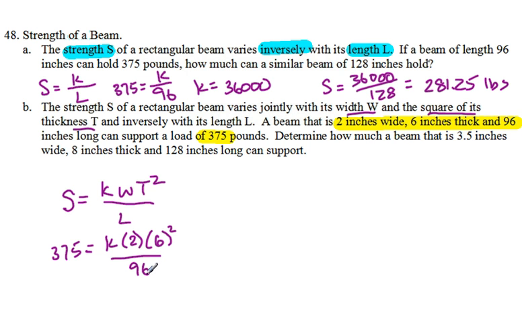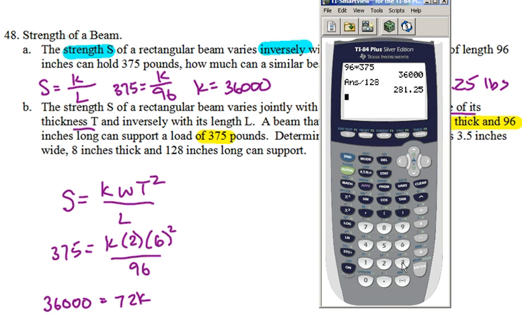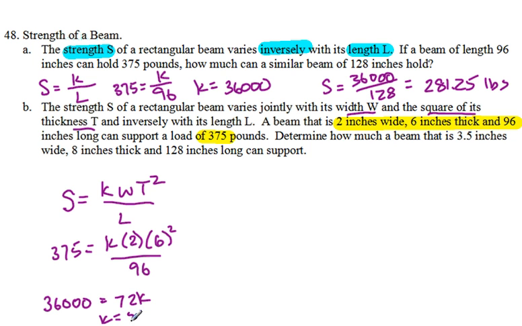I'm going to be taking 96 times 375, which I did up here, so I know that's already 36,000. Equals, 6 squared is 36 times 2 is going to be 72K. I think I'll pull up the calculator for the last bit. So 36,000 divided by 72, and my K equals 500.